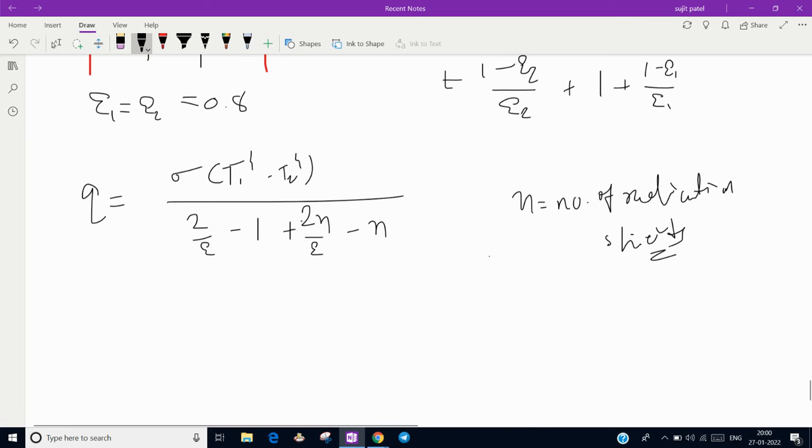If there is no radiation shield, then it is 2 times (1/epsilon) minus 1, and if there is 1 radiation shield, then put n equal to 1.